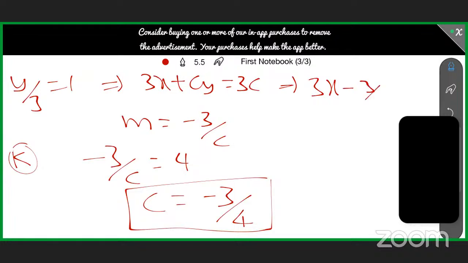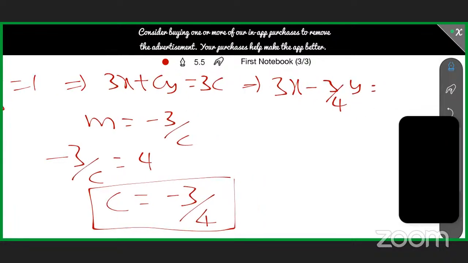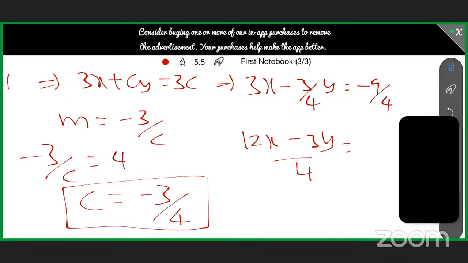Therefore, this equation will become 3x minus 3 by 4 y is equal to minus 9 by 4. If we simplify this, it becomes 12x minus 3y by 4 is equal to minus 9 by 4.